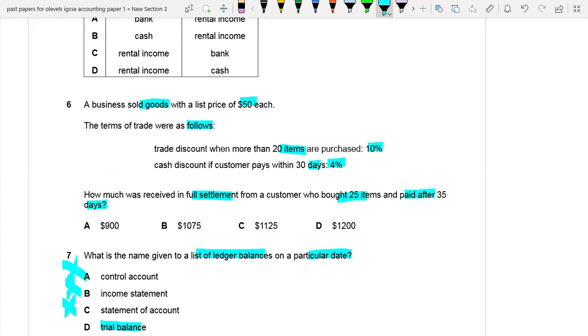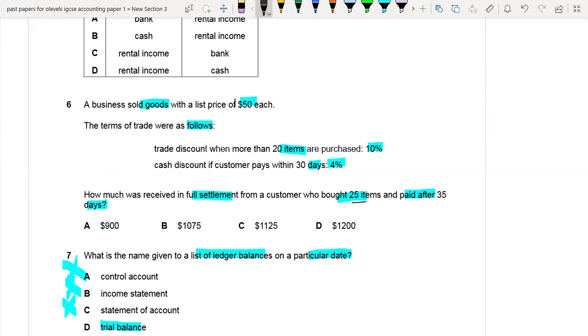Okay. So this is very easy. The customer purchased 25 items, not 20. As you can see in the terms, a trade discount is offered if anyone purchases more than 20 items. So this customer purchased 25 items, which means that person will get a 10% trade discount.